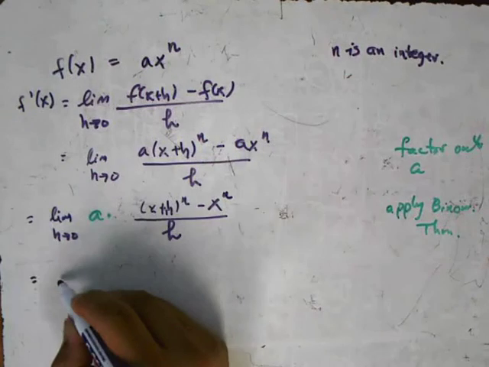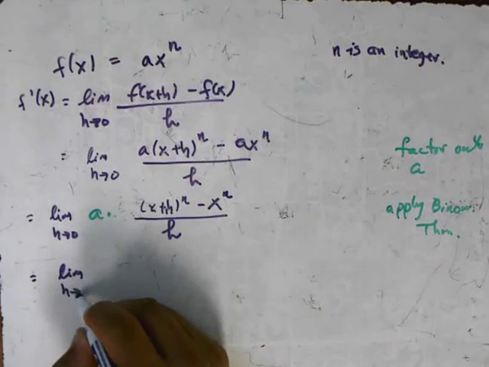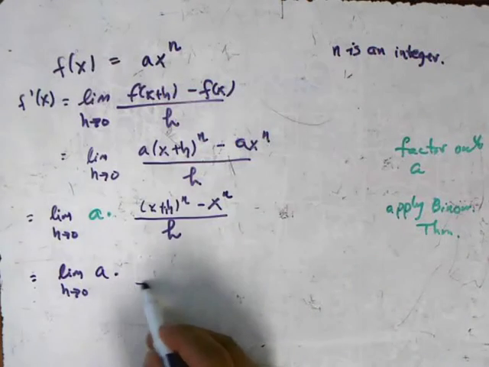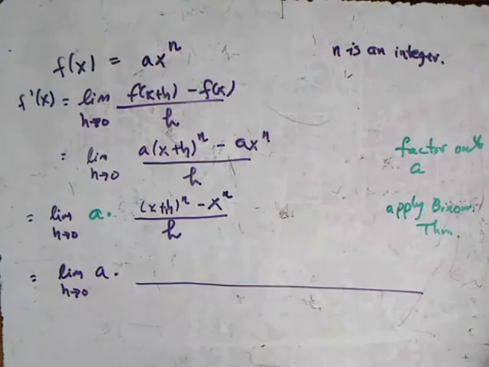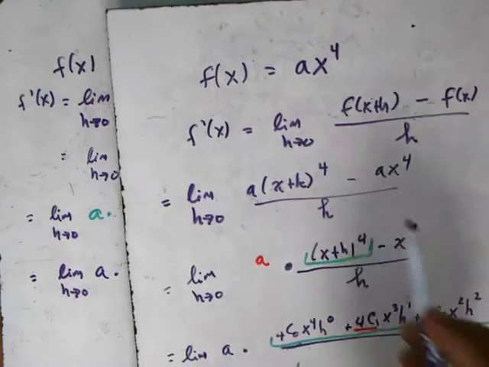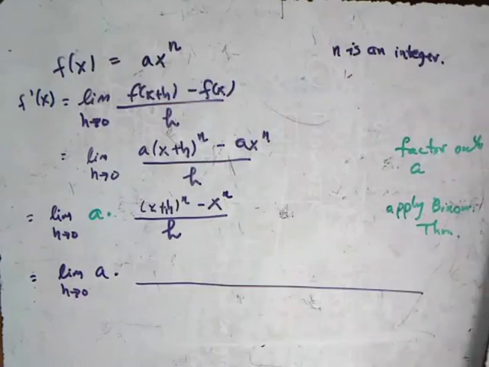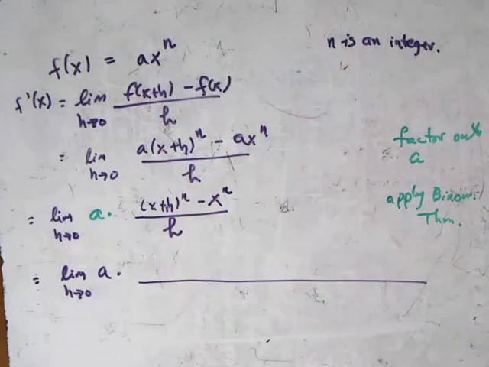So this is equal to the limit as h approaches 0 of a times, and this is where it gets tricky. It's easier to do this when you have a specific number like 4. It's a little bit trickier when we have to deal with a non-number like n, a variable, but I assure you it can still be done.